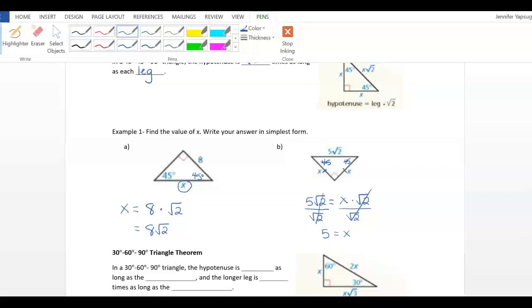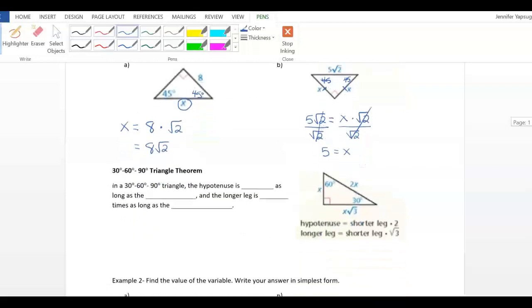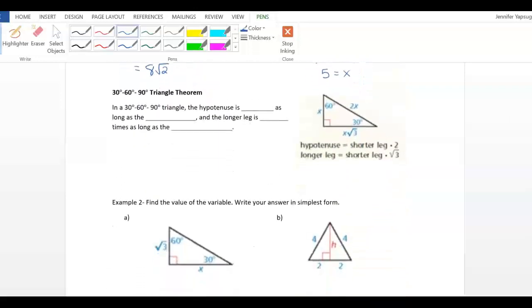All right, now let's jump down to the second type of special triangle that we're going to study today, which is our 30, 60, 90 degree triangle theorem. They're saying that in a 30, 60, 90 degree triangle, the hypotenuse is 2 times as long as the shorter leg.